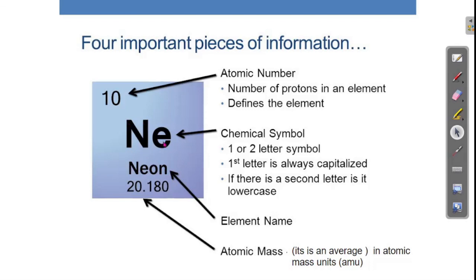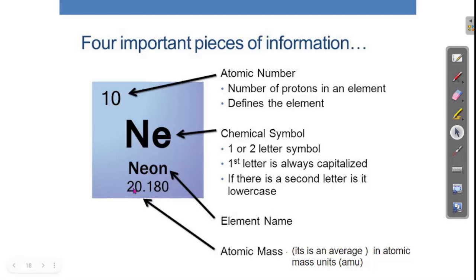You are memorizing them in groups of 20. Eventually, you're going to know the whole table. I want you to know the whole table because you will need to quickly go from a name. They will say to you rubidium, and you need to be able to write Rb when you're writing a chemical reaction. So you need to be able to do stuff like that.